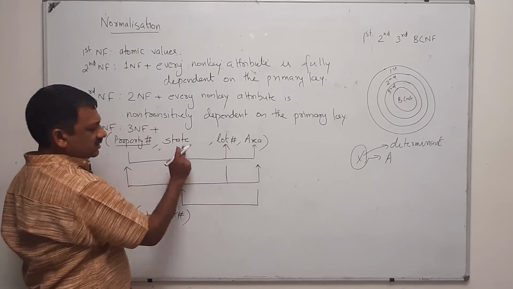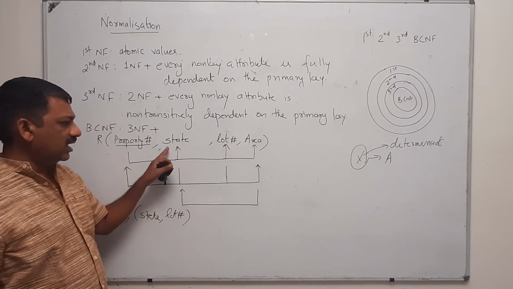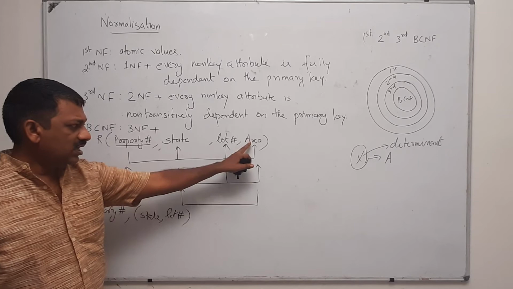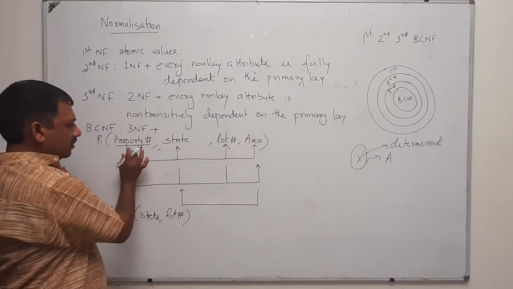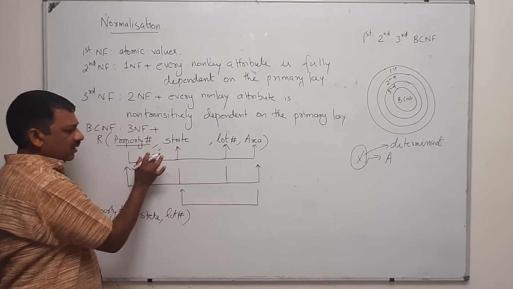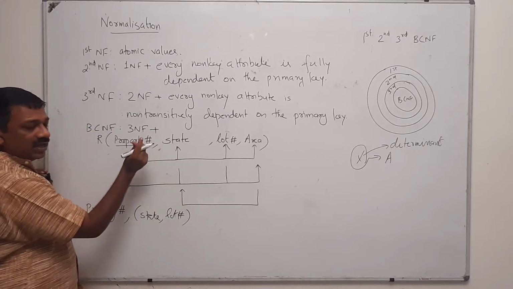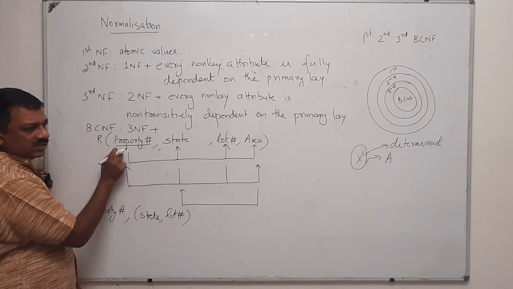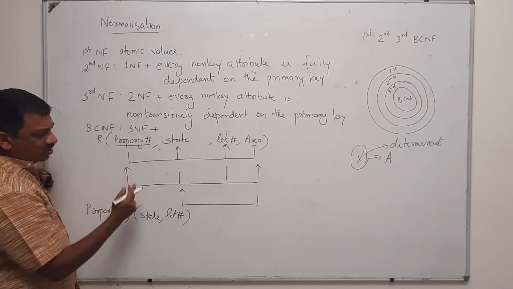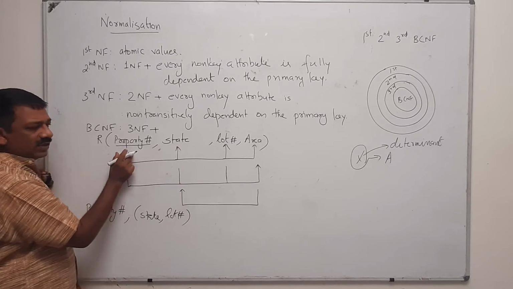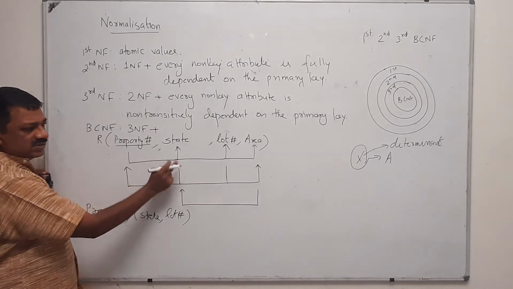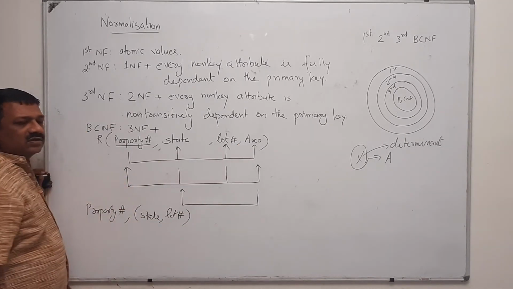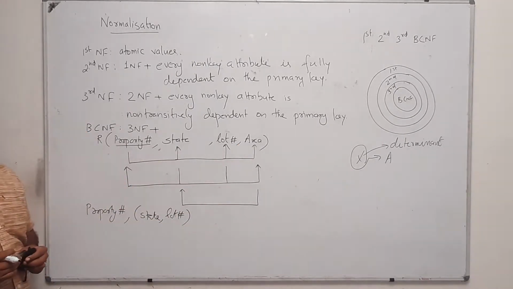But area determines state, and area is not a candidate key for this table. Property number can be a primary key in this table, and state and load number together can also act as a primary key. But area determines state is another functional dependency. Here area is a determinant, but it cannot act as a primary key.